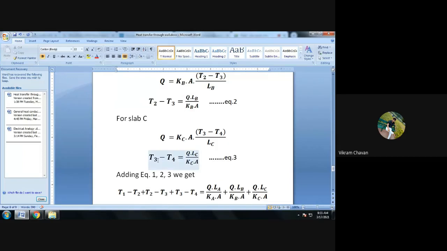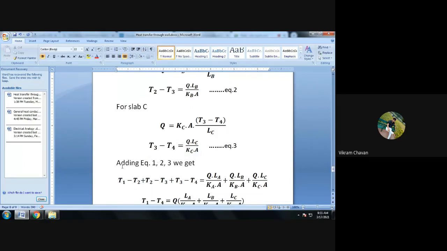Now we have to add all three equations, equation number 1, 2, 3, in such a manner that left side addition is done on the left side only, and right side addition is done on the right side only.